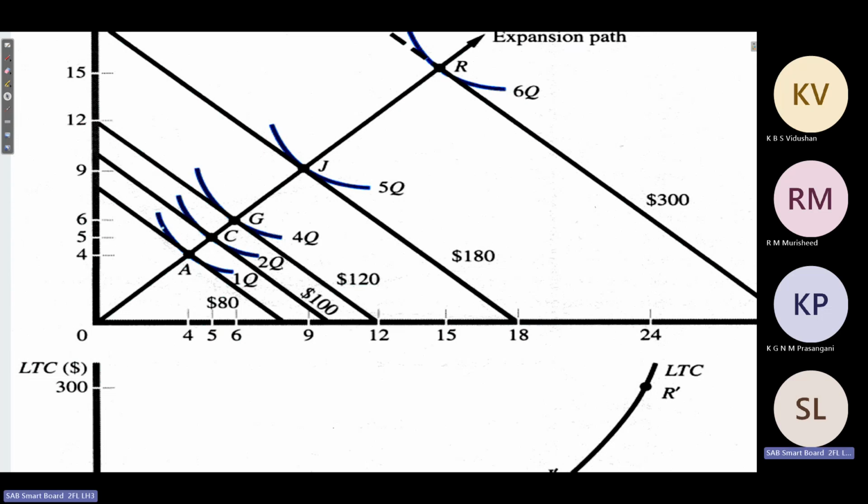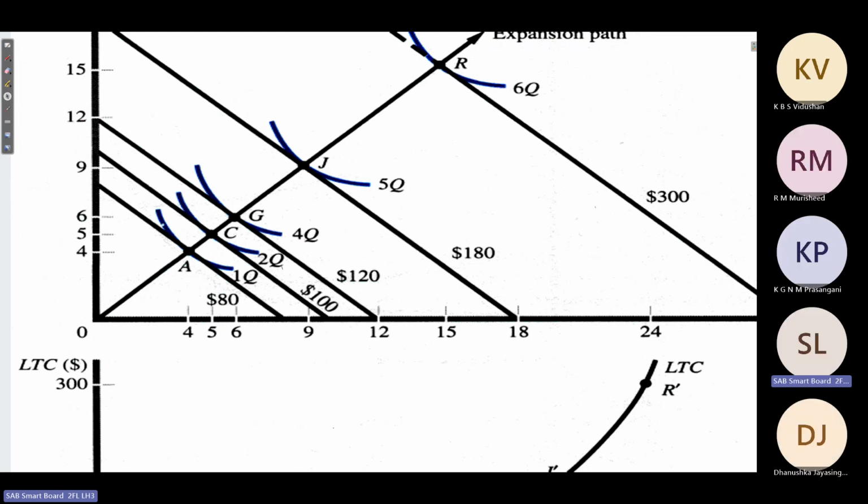Again, the firm can expand the output level from the Q2 level to the Q4 level. When producing the Q4 level of output, it requires $120, and the firm will be able to produce 4Q units of output at a cost of $120 by combining 6 units of capital and 6 units of labor.